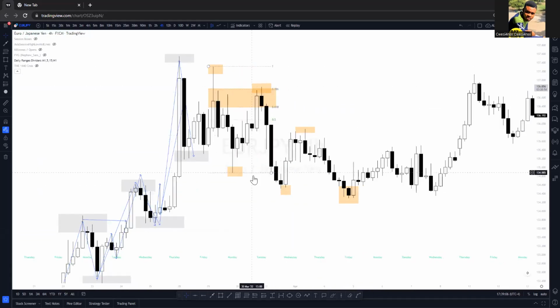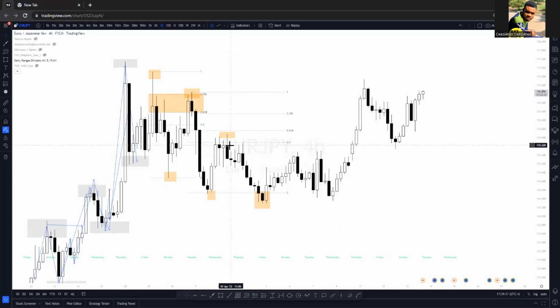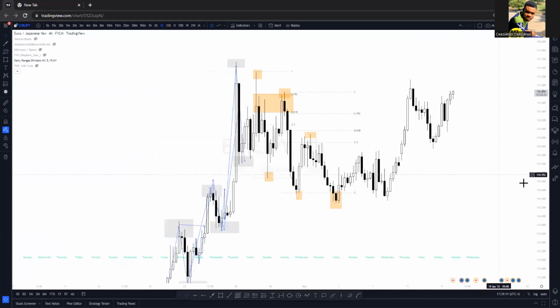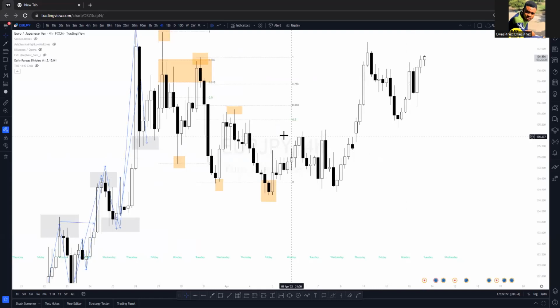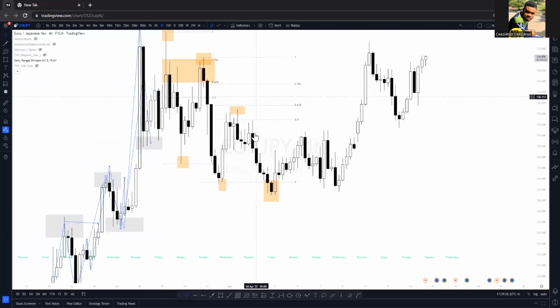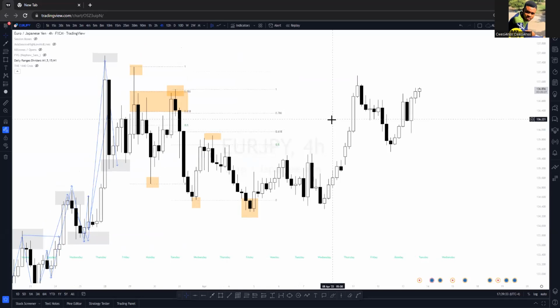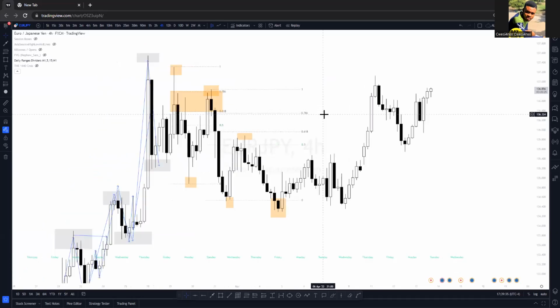The same thing you do over here, from here to here. You can see price passing our equilibrium, so it's also a good point to look for a sell. But if it's below the equilibrium, then it's not a good place to look for a trade or a point of interest. Are you guys getting it?